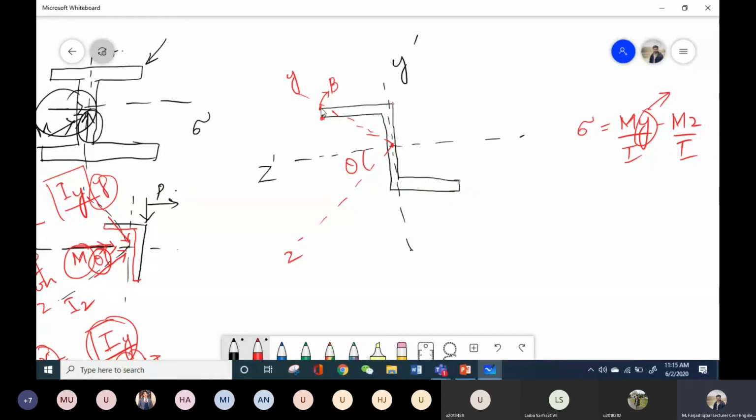So let's say if I want to calculate the bending stress on this B point, this will be the y distance that I have to substitute in that formula. Let's say I will call it as yb. And similarly, what will be the z distance? I have to replot this diagram.